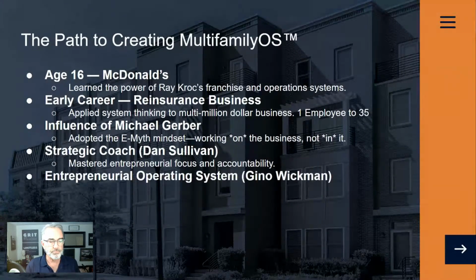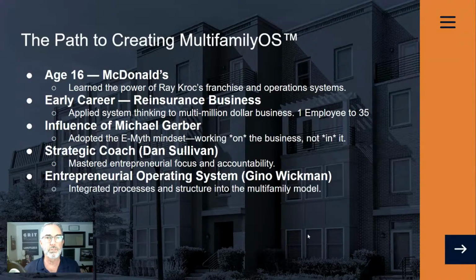And this is where it all came together. Within Dan Sullivan's program, he had another student just like me. His name was Gino Wickman. Gino Wickman took what Dan Sullivan was teaching and created the EOS, Entrepreneurial Operating System. You might have seen it if you go to eosworldwide.com.